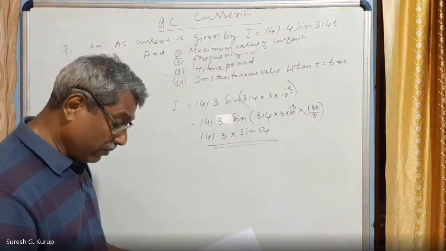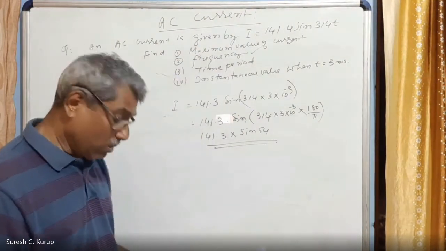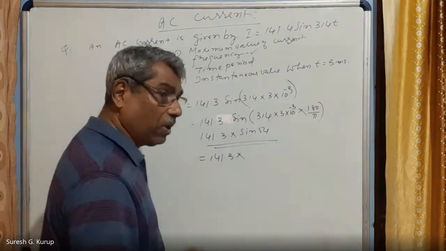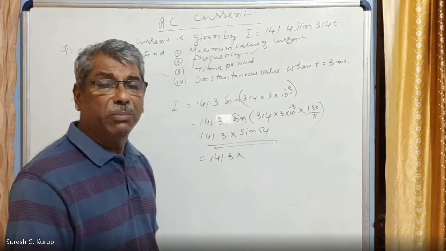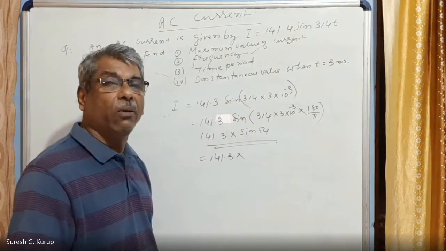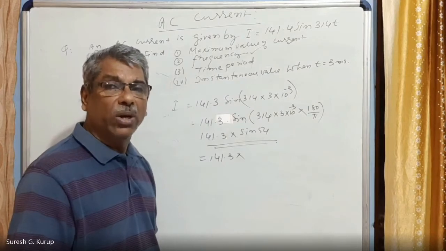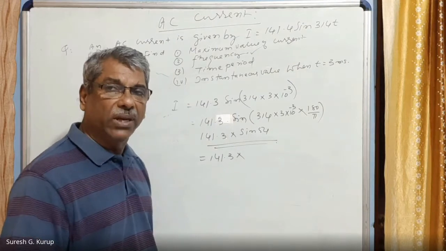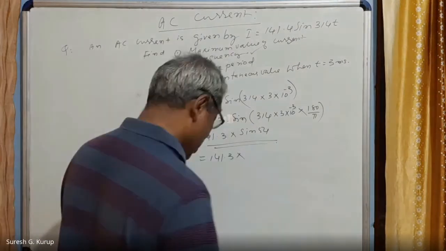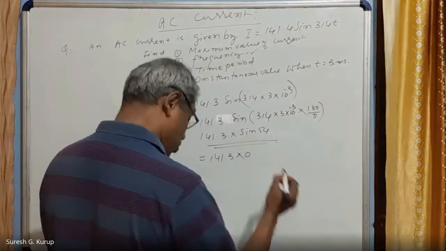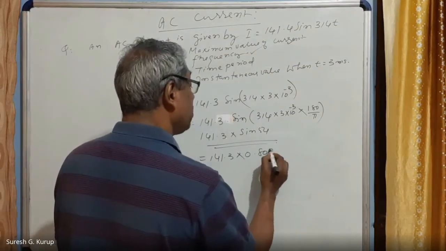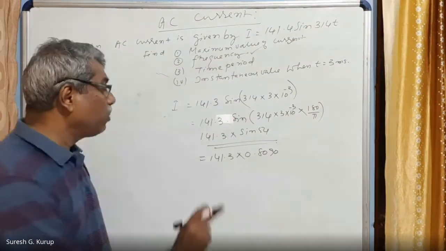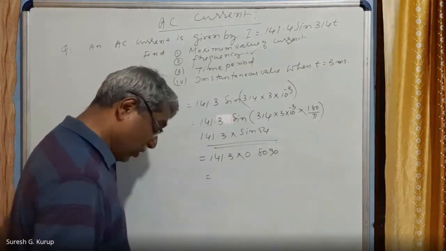The value of sine 54 you have to take from the table for the 54 degree angle. Sine 54 is equal to 0.8090 something. The whole value you will take and multiply with 141.3.